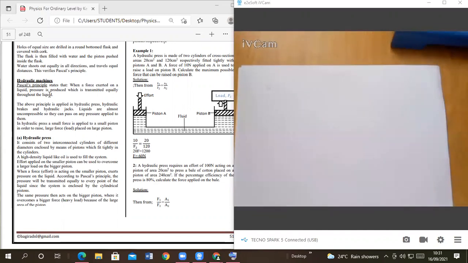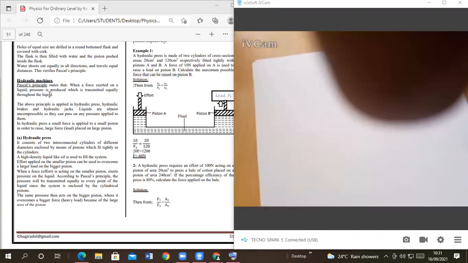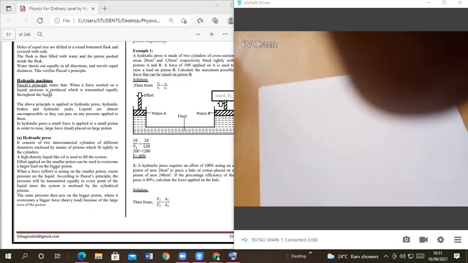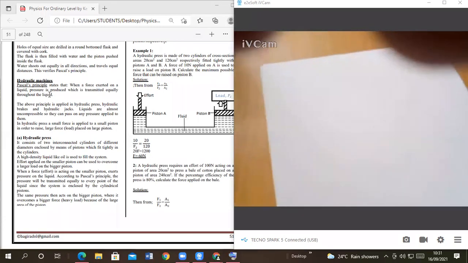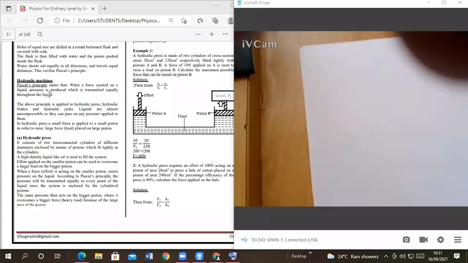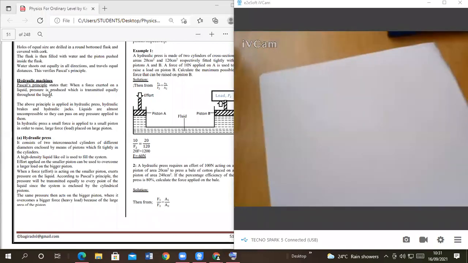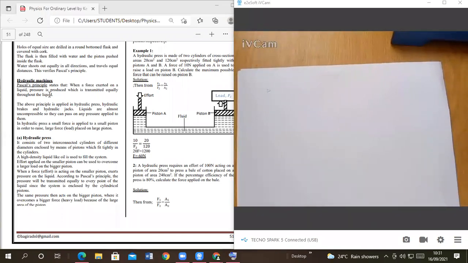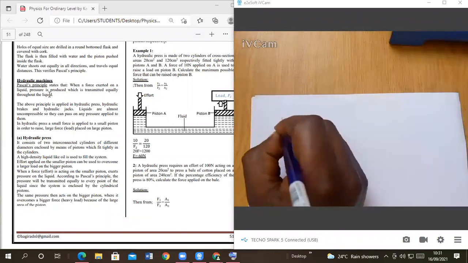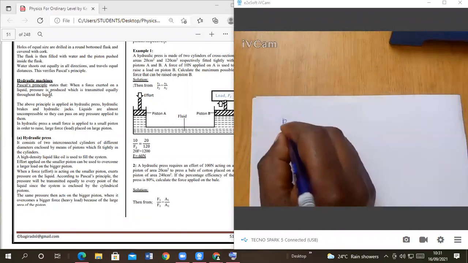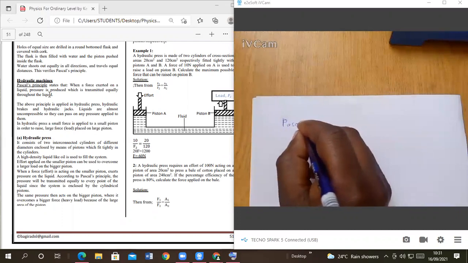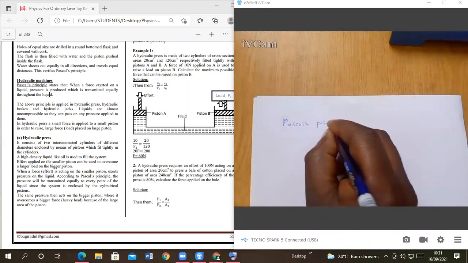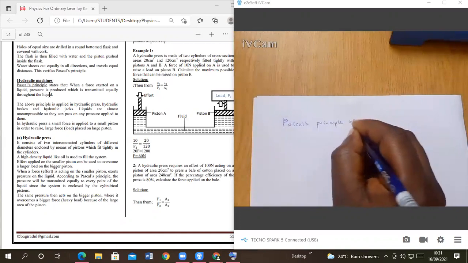Pascal's principle. Let's fix this camera. Okay. So Pascal's principle of pressure.